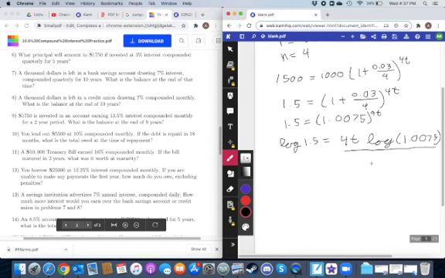Then we can divide both sides by this log, 1.0075. And if we divide both sides by this log, what we're actually doing is taking log base 1.0075 of 1.5. So, go ahead and use our calculator to calculate that amount.